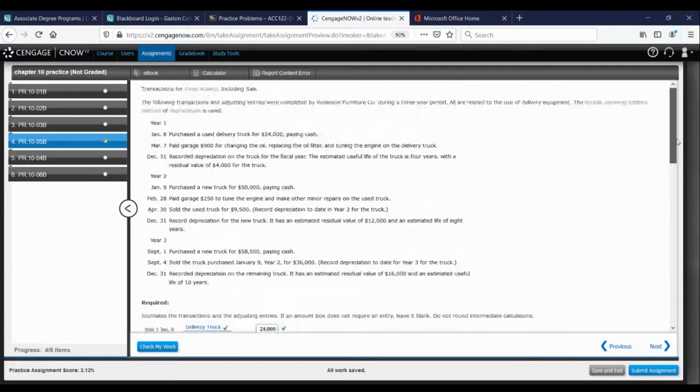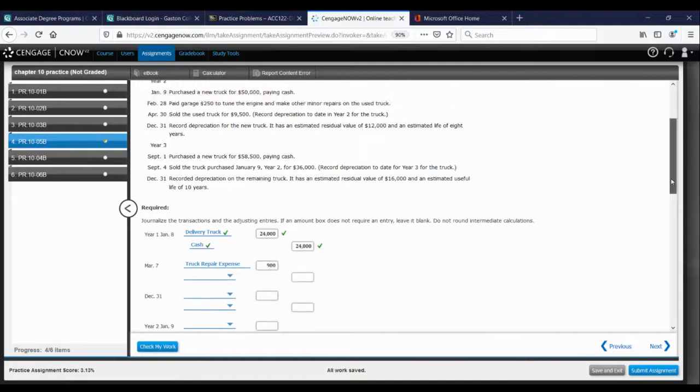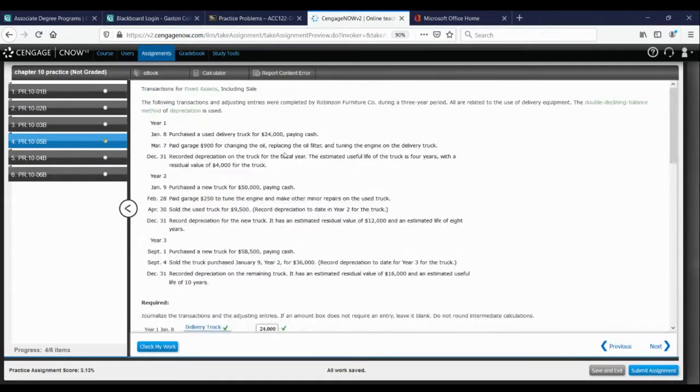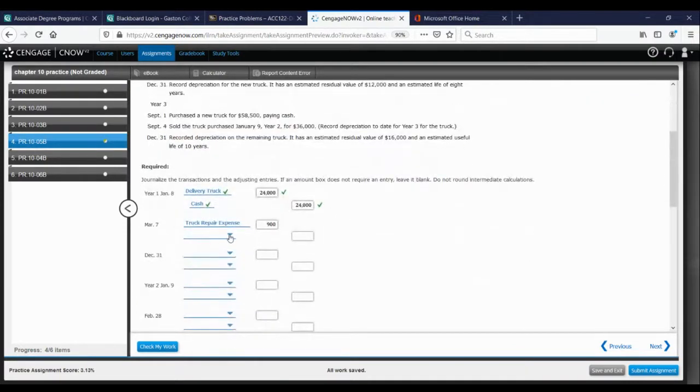We're going to debit our delivery truck expense for $900. We're also going to, in this transaction, credit our cash, because it specifically tells us that we have paid an amount for that truck repair expense. So our cash, which is an asset, has gone down. To decrease an asset, we would credit.